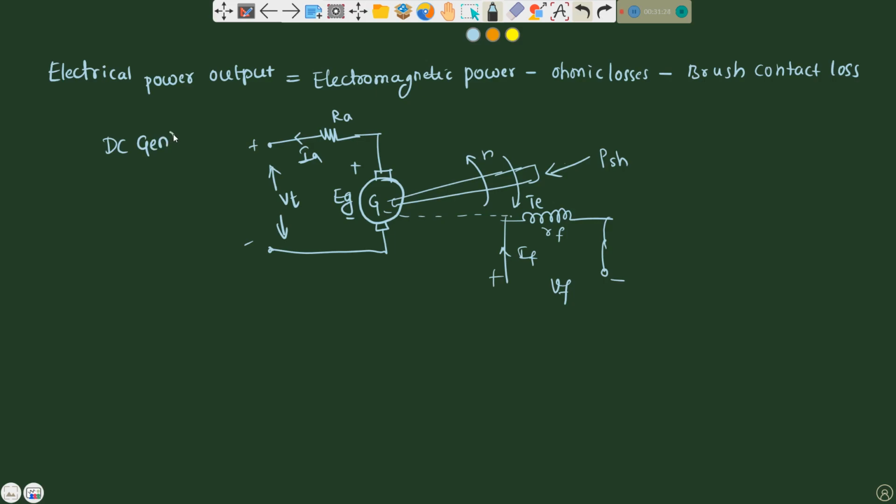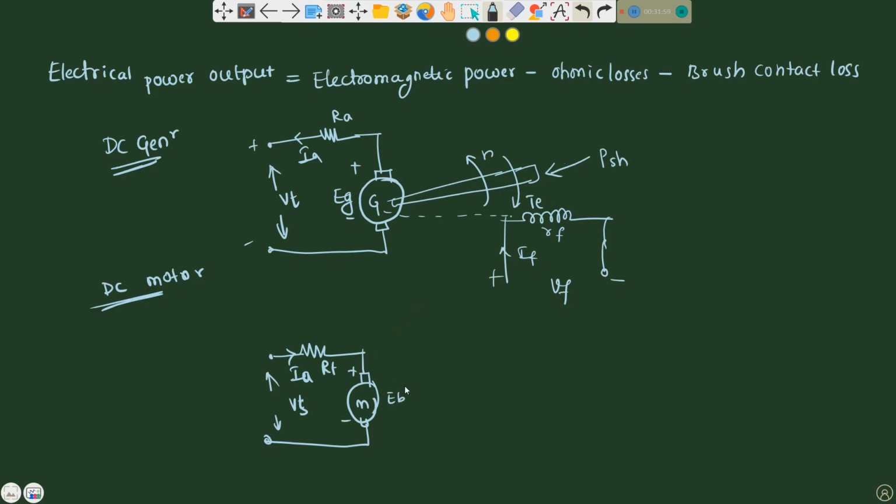DC generator. So if we draw for DC motor, this is what armature resistance, then you have a motor here, correct? You have terminal voltage, Ia is coming in current, you can call it as Vs also, supply voltage. You will be getting a back EMF as usual, as we discussed.